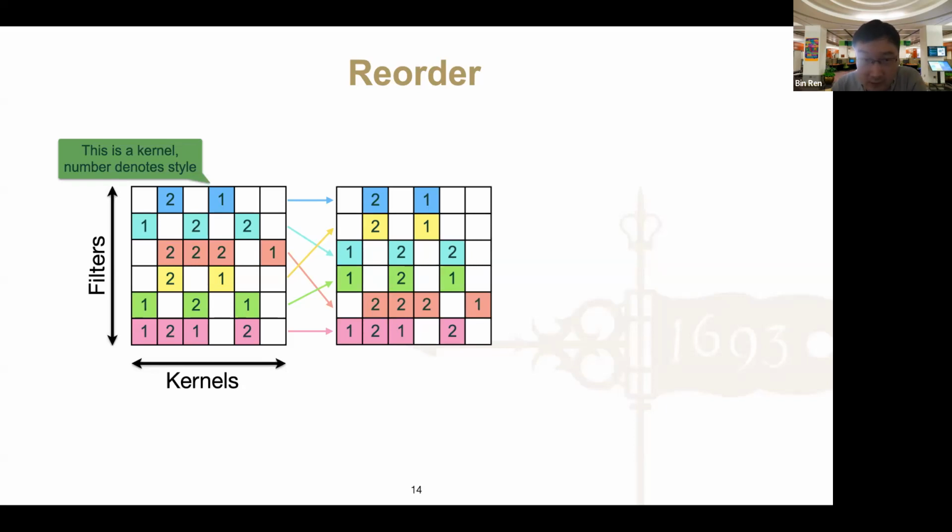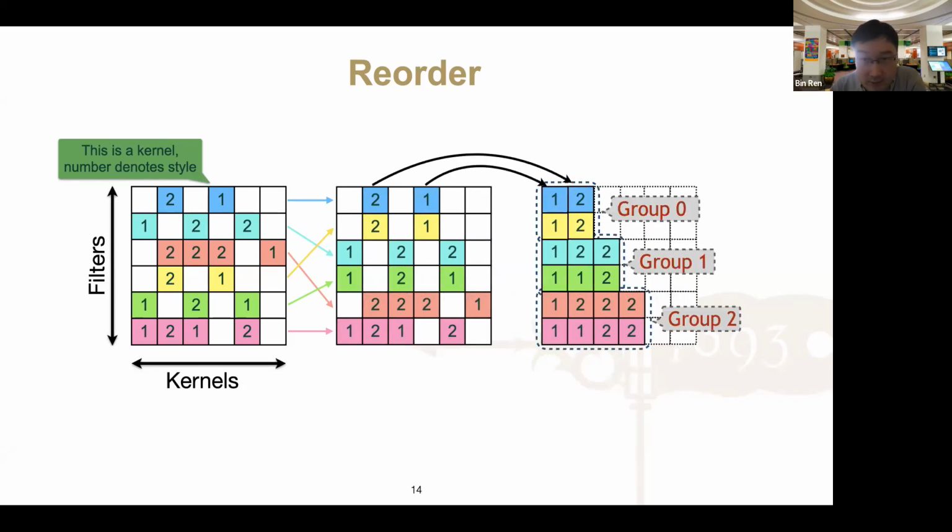After this filter level reorder, we are going to perform a kernel level reorder. We are going to reorder the kernels based on their ID. For example, for the first filter, we are going to put the kernel with pattern ID 1 at first, and then pattern ID 2. After that, we can partition these filters into multiple groups.